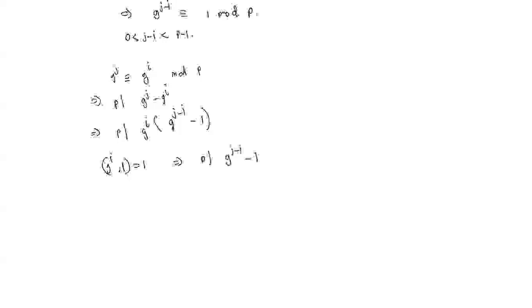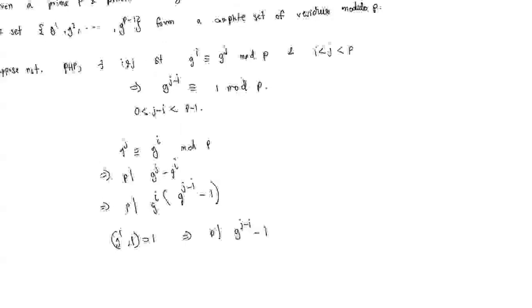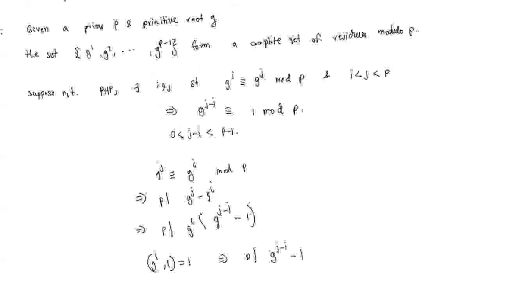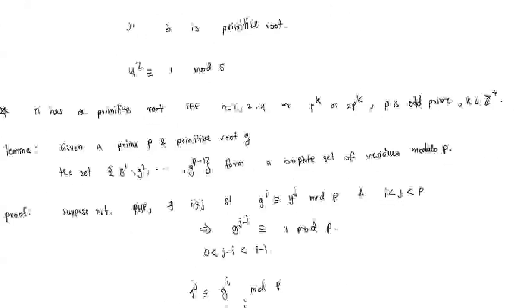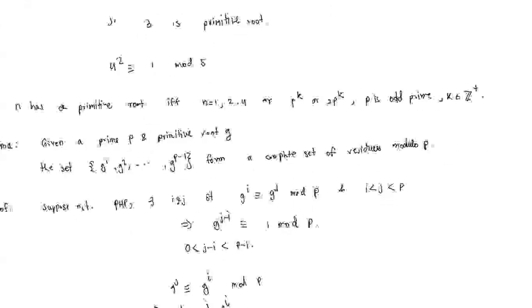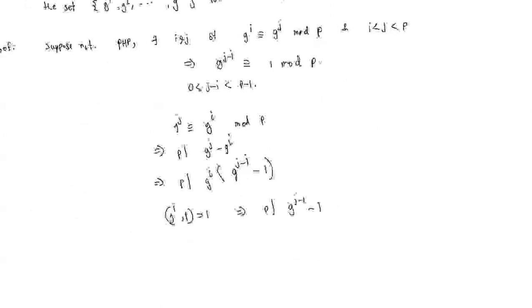I couldn't get how their GCD is 1. Because G is a primitive root, right? So G to the power P minus 1 is 1 mod P. That would imply that G and P have GCD 1. So G to the power I and P have GCD 1. Does that make sense?